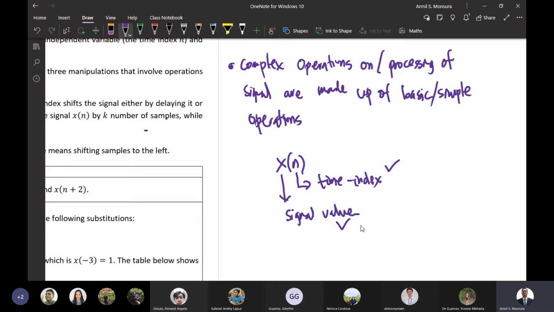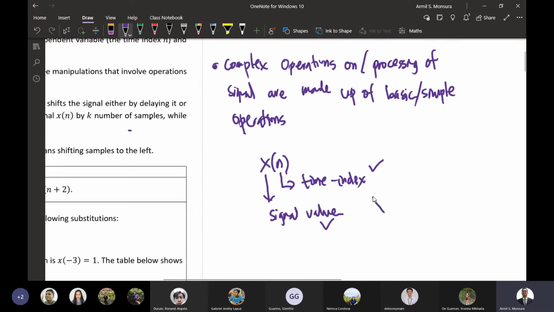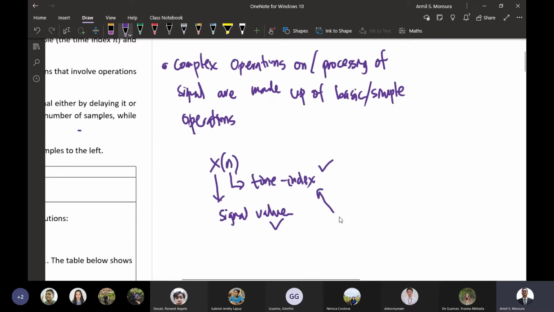So, we have operations that are performed on your independent variable. So, when you do your operations on the time index, you are performing operations on the independent variable.